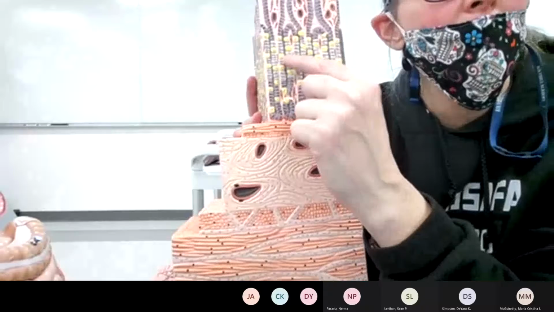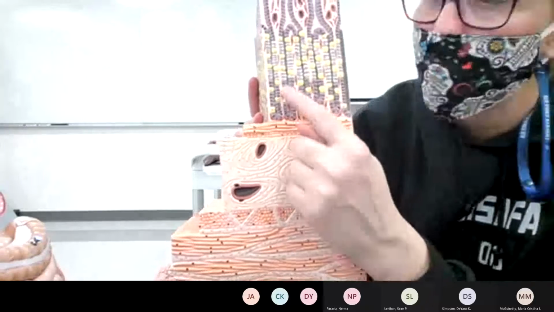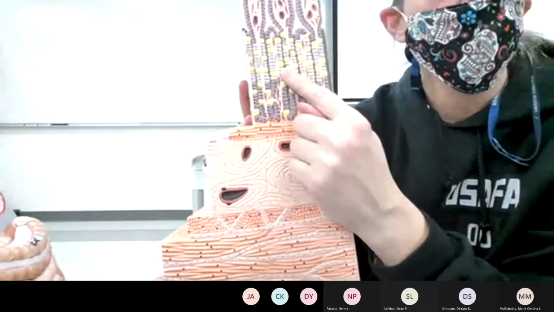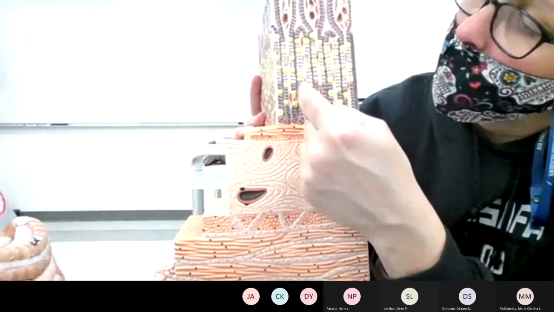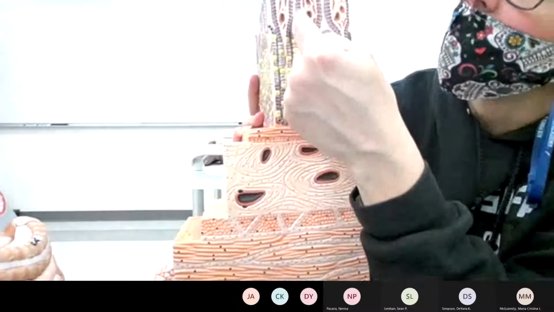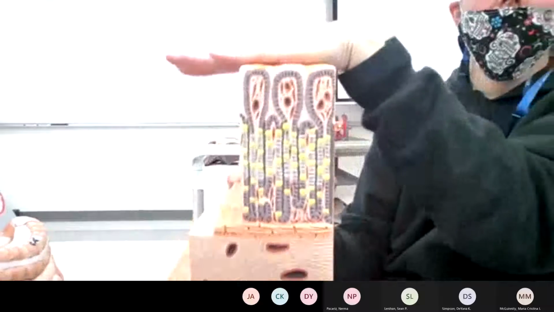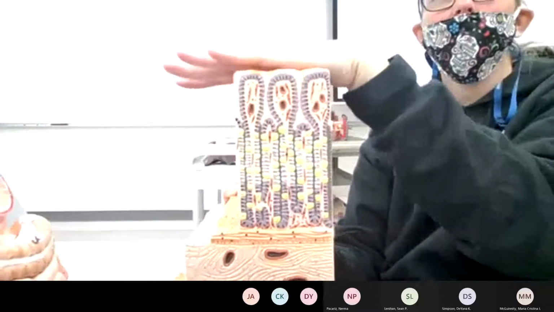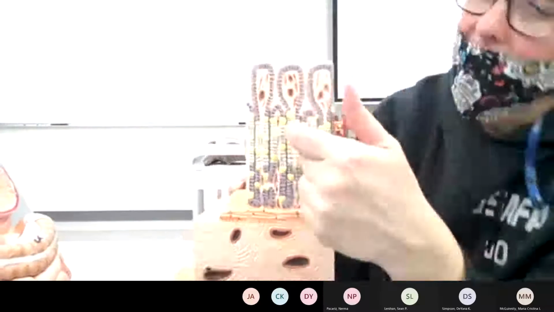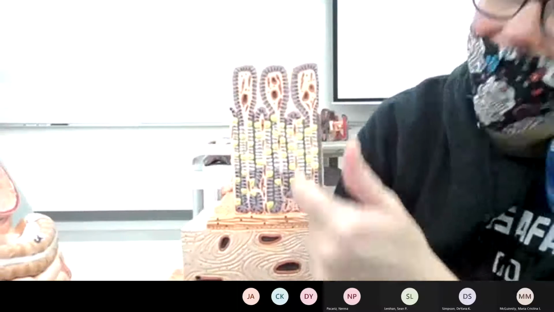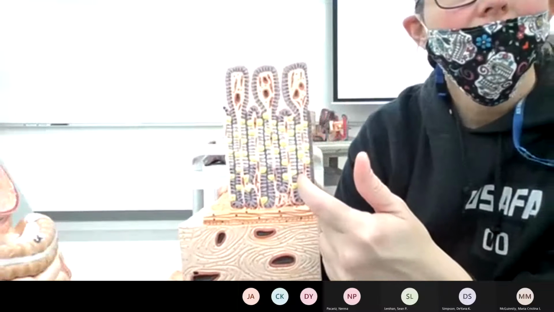But these simple columnar cells are going to specialize in making secretions that get pushed up into these ducts and then pushed up here to sit in the lumen of the stomach. So these are known as your gastric glands, okay?